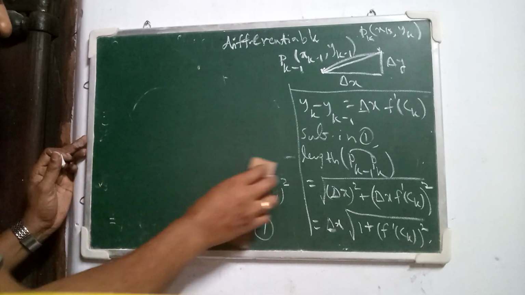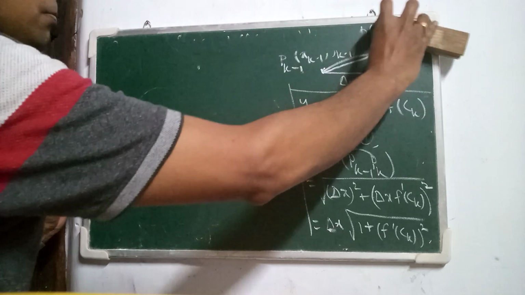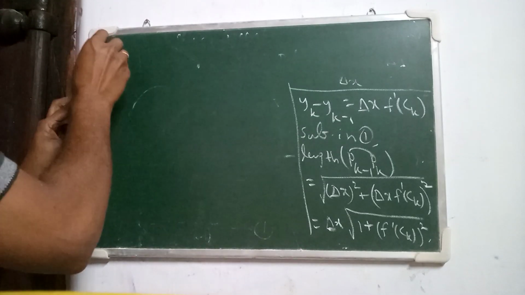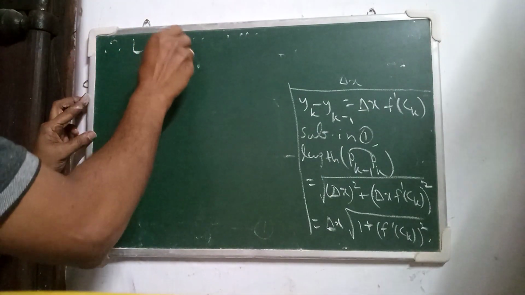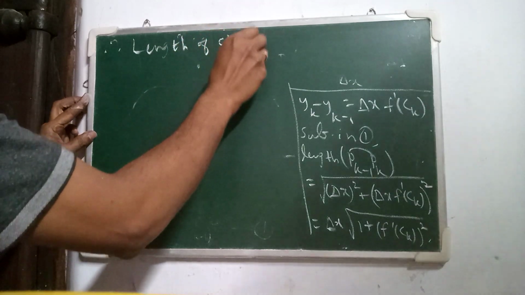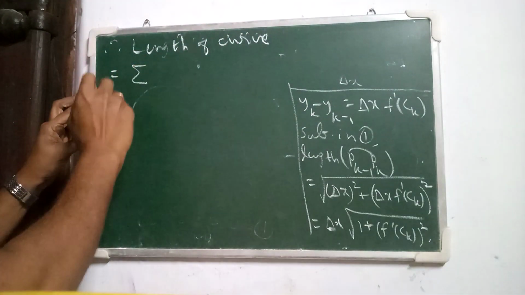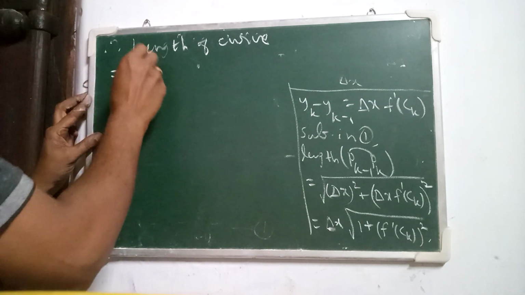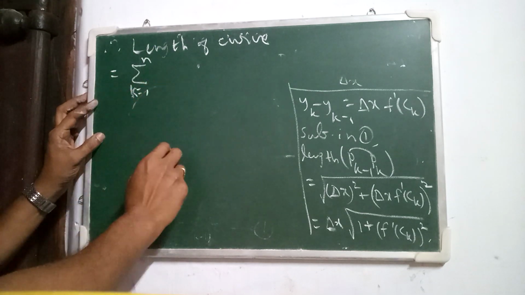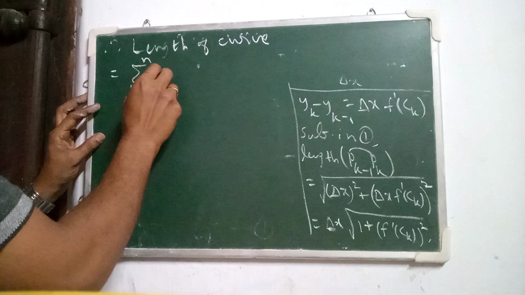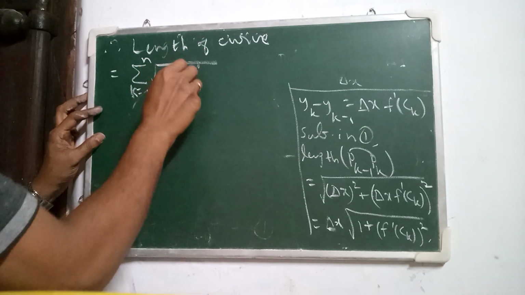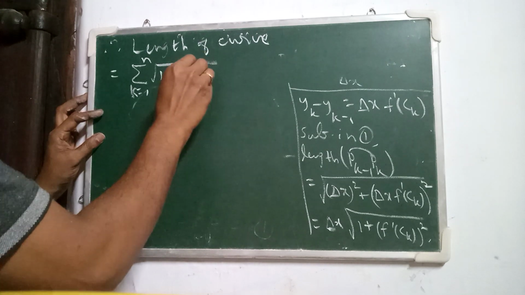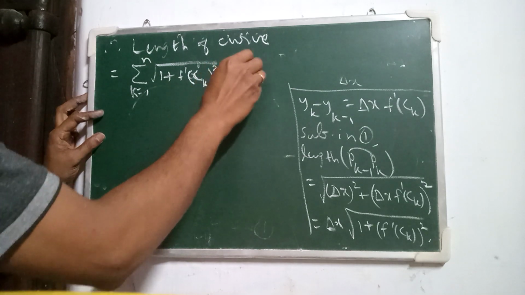Therefore, length of curve is equal to sigma, sum of the length of the subarcs. So it is sigma k equal to 1 to n square root of 1 plus f dash of c k whole square delta x.